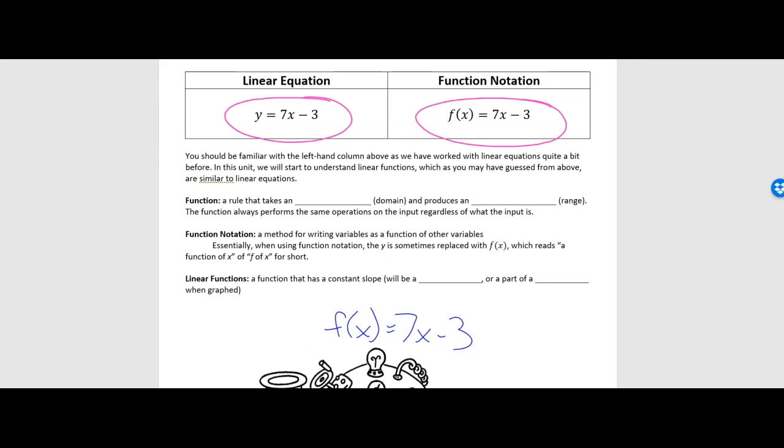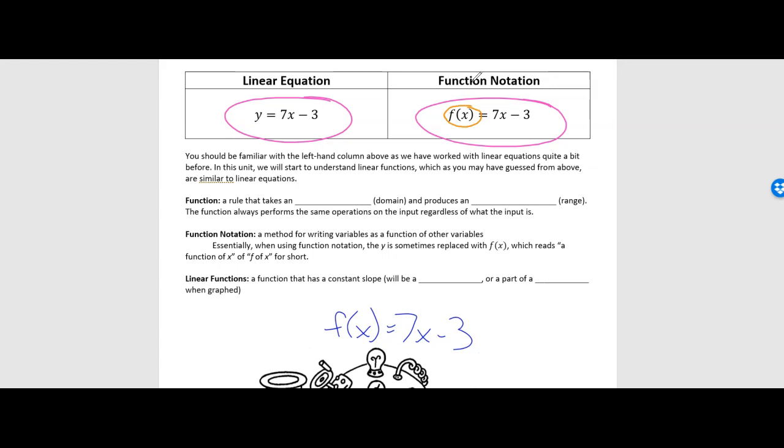So basically, the biggest difference between a linear equation and a linear function is that a function may have an f of x, or we'll see down below, we can change this to a bunch of different things, right? This just tells us what we're calling the function.